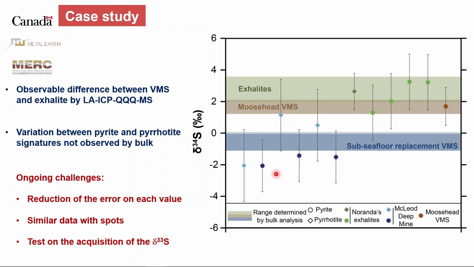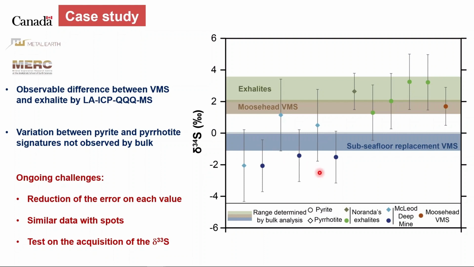So far we can do just lines, but we are working to be able to do spots as well, so that will give better targets, like the zoning inside a single grain. And the last part, we will try to do multiple sulfur isotopes, not only the delta 34S, but also the delta 33S in situ, which will be really interesting.